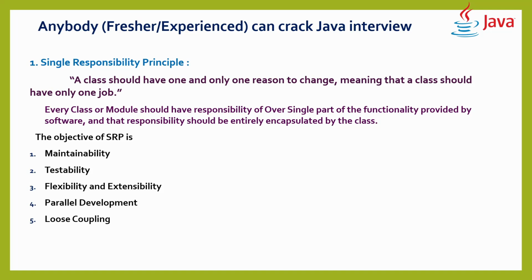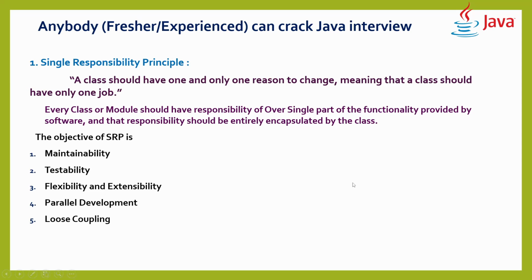If there are multiple reasons to change the class, it is very difficult to test each and every module of that object. So every class or module should have responsibility over a single part of the functionality provided by the software, and that responsibility should be entirely encapsulated by the class.